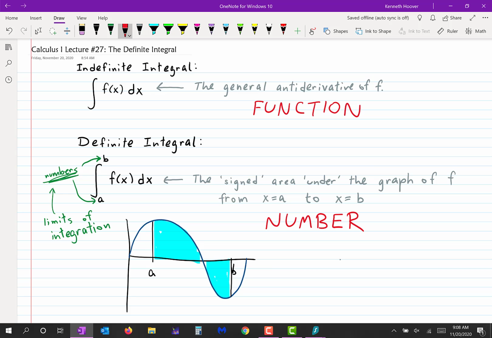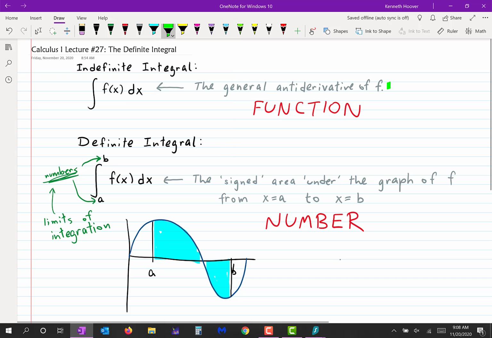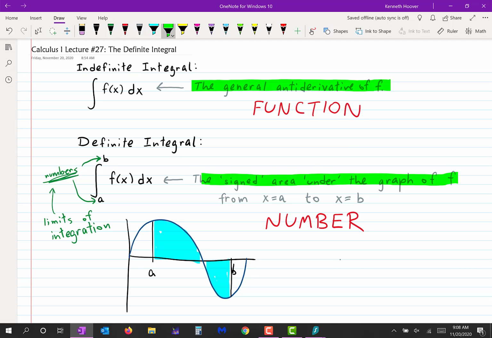That's important, okay? Also, if you look at this description up here, an indefinite integral is an antiderivative. A definite integral is the area under the curve.